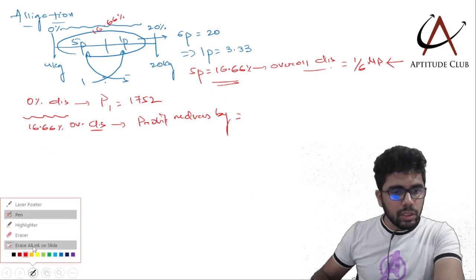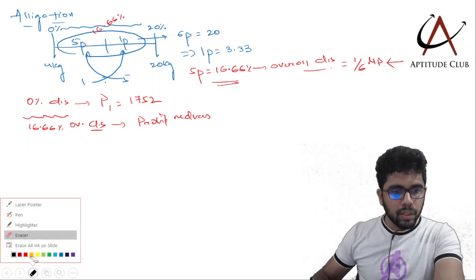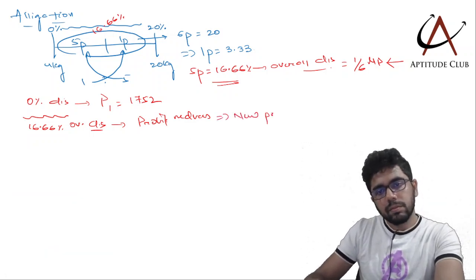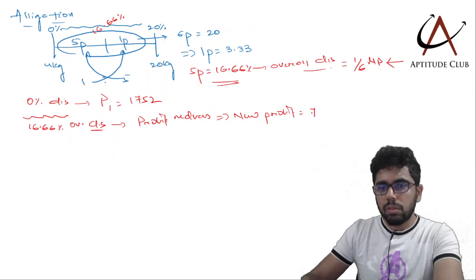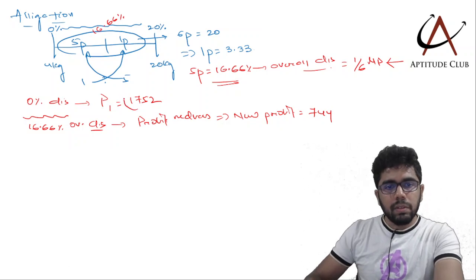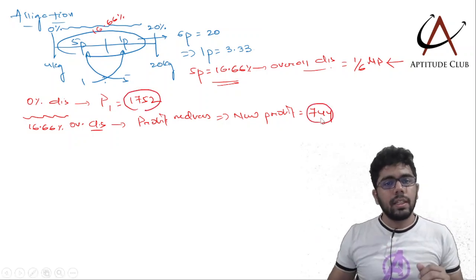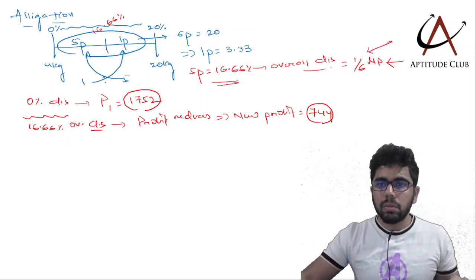प्रॉफिट रिड्यूस हो गया और न्यू प्रॉफिट is basically 744. So from 1752, जो 744 reduction in profit is basically because of the discount, जो कि है 1/6 of the mark price.